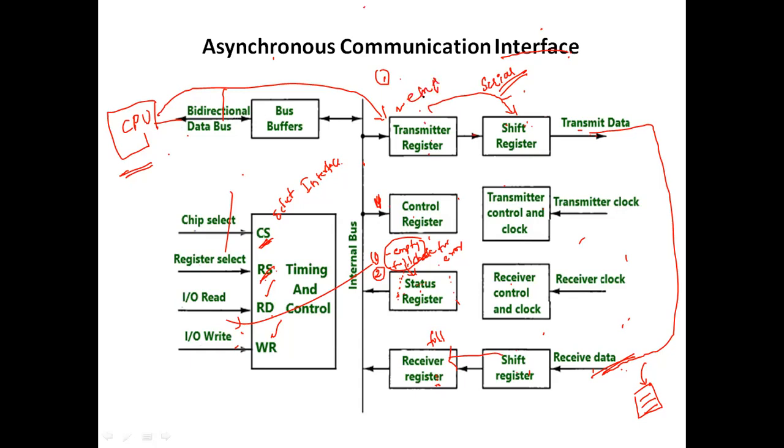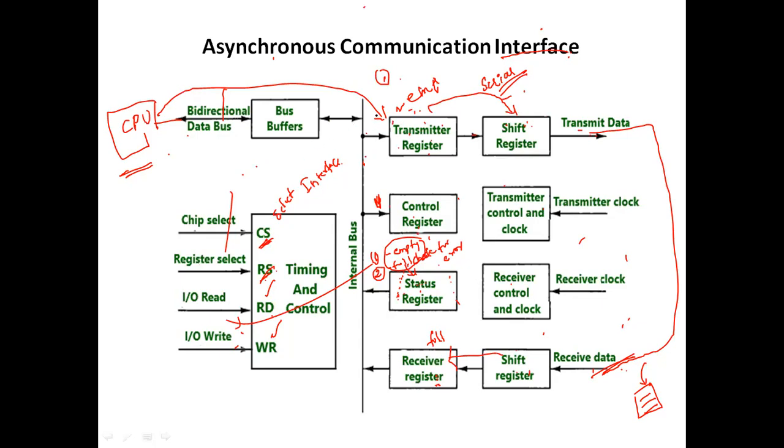If it is empty, then only the CPU is going to transfer a character to the transmitter register. If it is full, the CPU can't transfer any data. So the CPU can transfer another character to the transmitter register after checking this flag in the status register. That is the working of the transmitter.